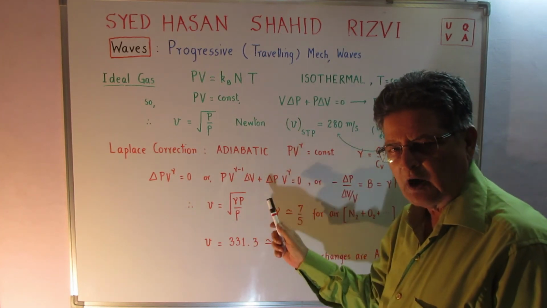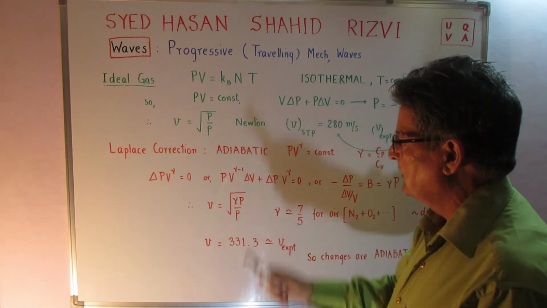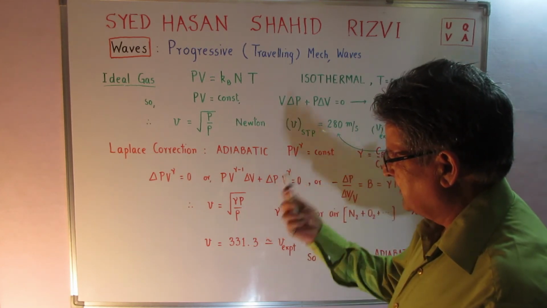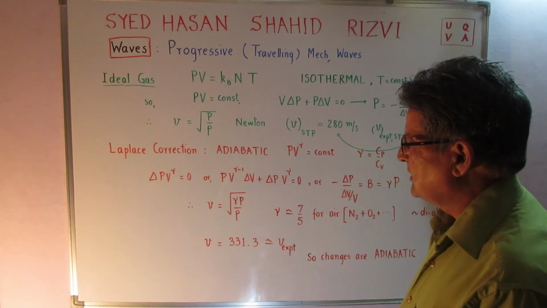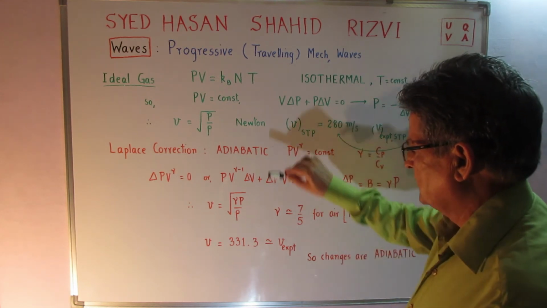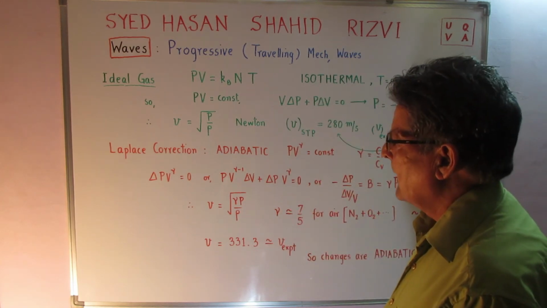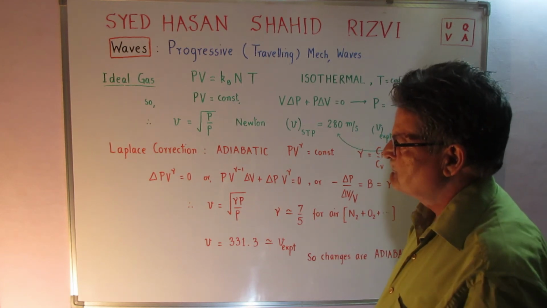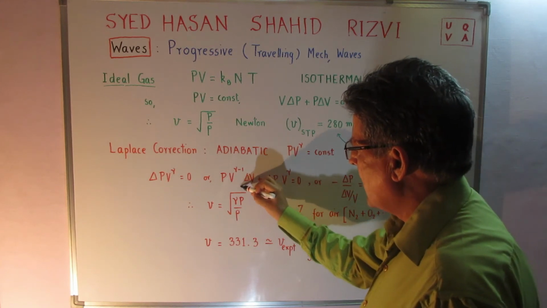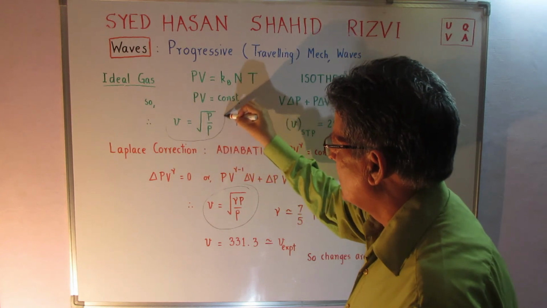This is the velocity of sound, and that correction, and the explanation is for adiabatic change, because this happened in the 17th century, during the lifetime of Newton. So this was much appreciated and this was explained. By the way, I have gamma p upon rho and I have this.